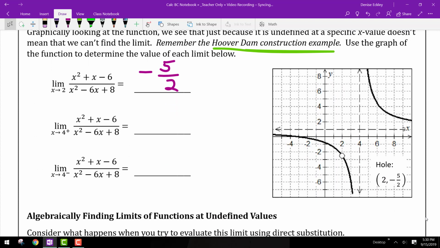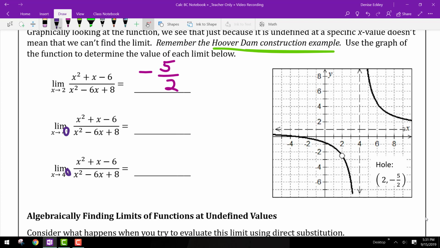So how do we deal with that? What we do is we look at the limits from the right and the left and make a judgment for that. If they're the exact same value and it's a real value, we can find the limit at 4. If they are different or they are infinite, then the limit does not exist.